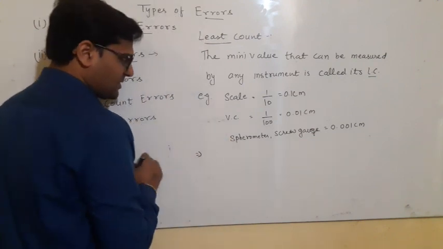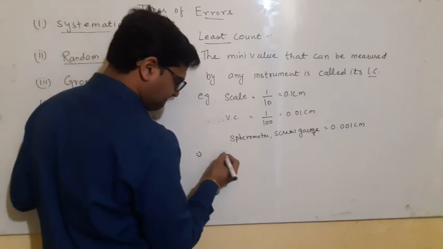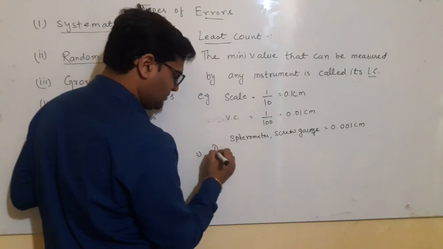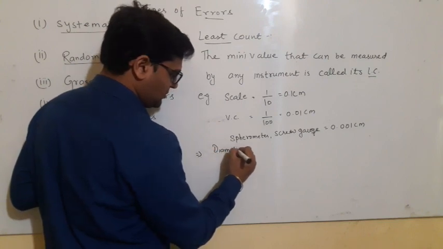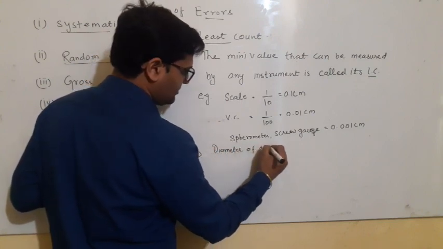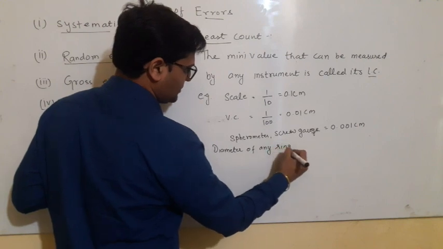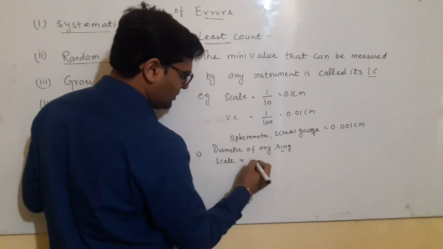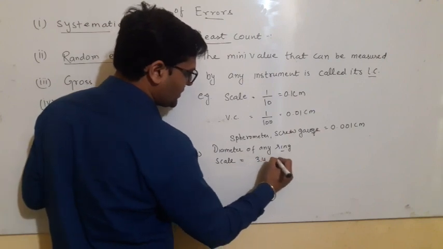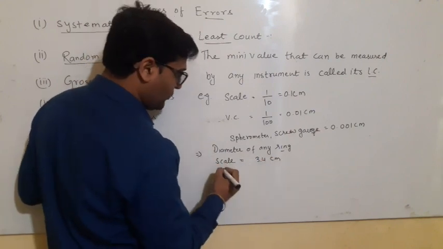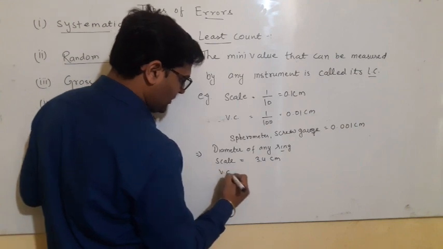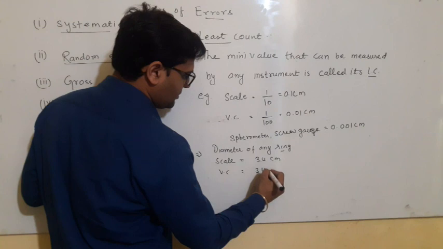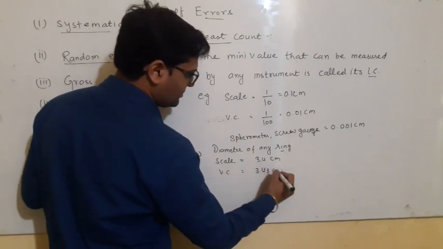And you can understand this thing with the help of one example. Say I am measuring the diameter of any ring. With the help of a scale, I found the diameter is 3.4 centimeter. With the help of vernier caliper, I found it 3.43 centimeter.